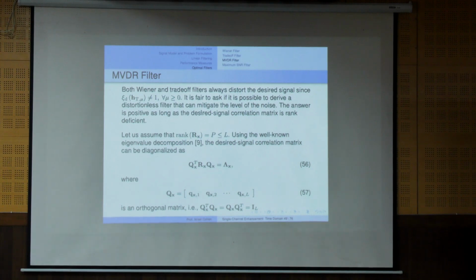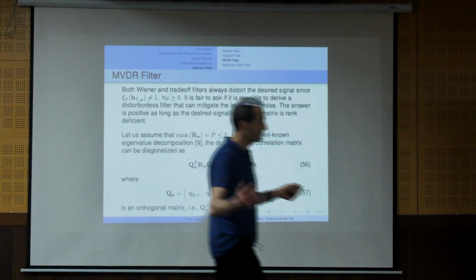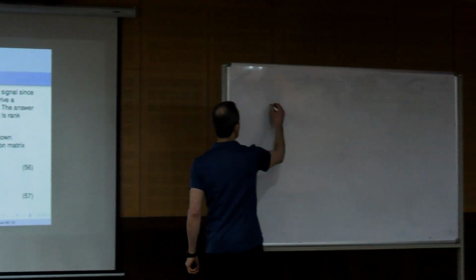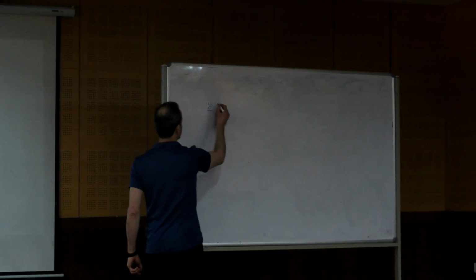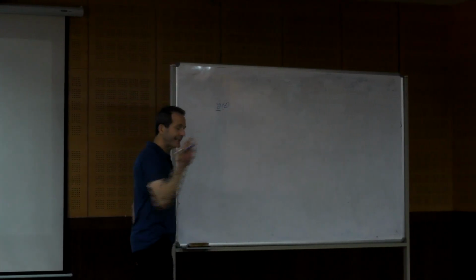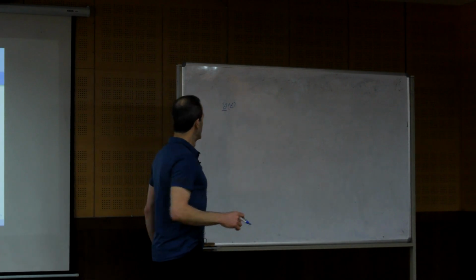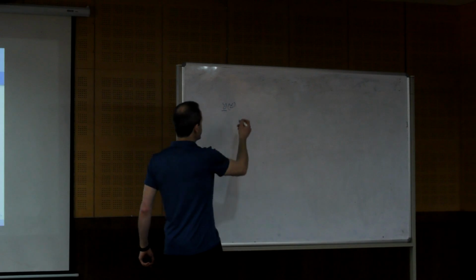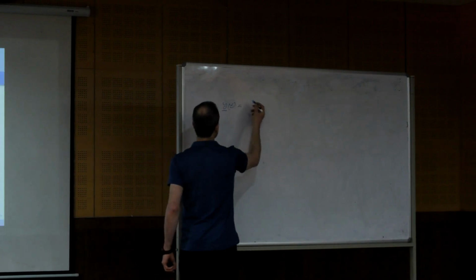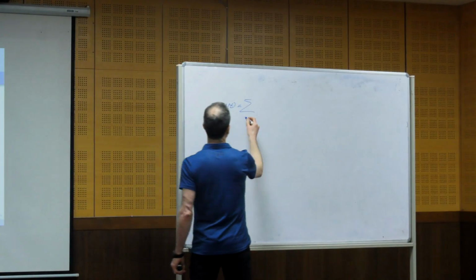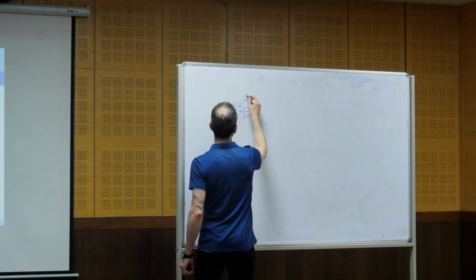So any vector y, any general vector of length L, can be written as a superposition, from i equals 1 to L.